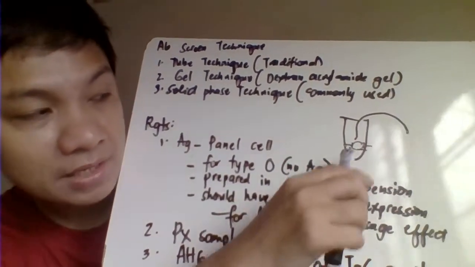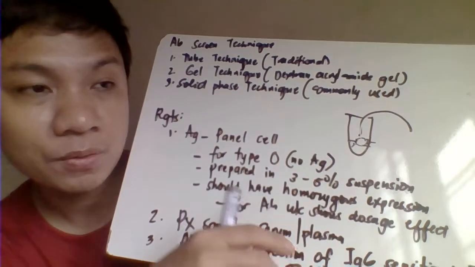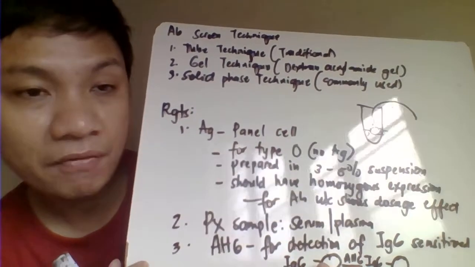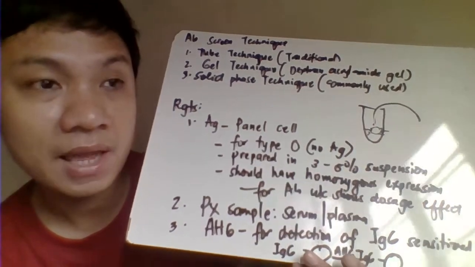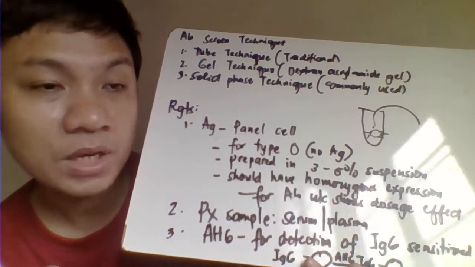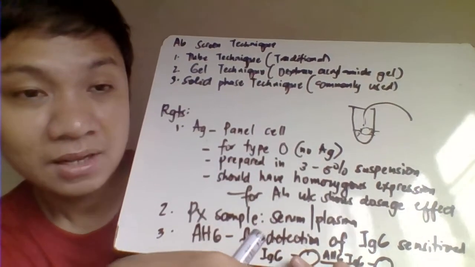So if you get a positive reaction with a panel cell, for example, if this panel cell is positive for the RH antigen and the KEL antigen, it will signify that the patient has an antibody to that antigen.